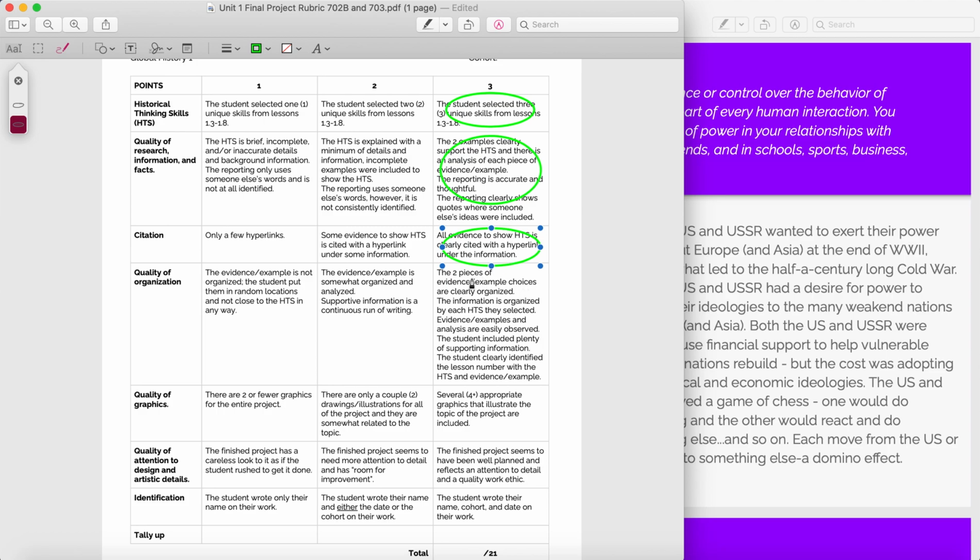Quality of organization. The 2 pieces of evidence and analysis are clearly organized. The information is organized by each historical thinking skill they selected. Evidence and examples are easily observed. Student included plenty of supporting information, and so on and so forth.